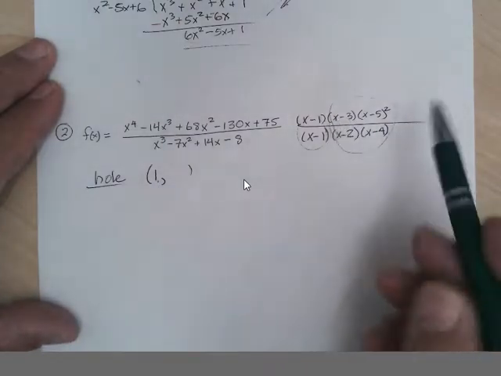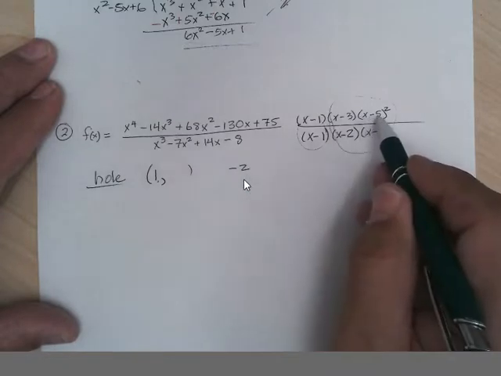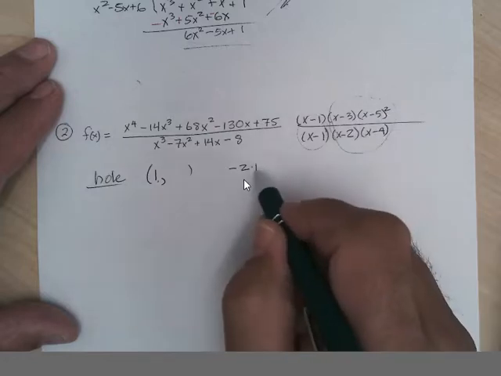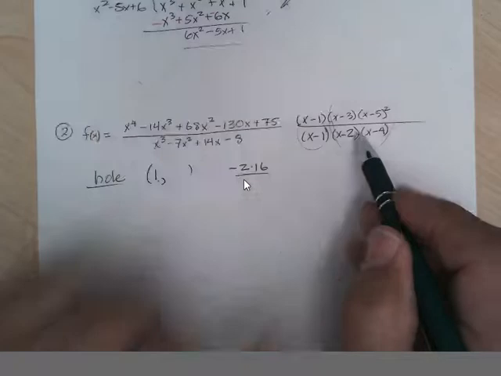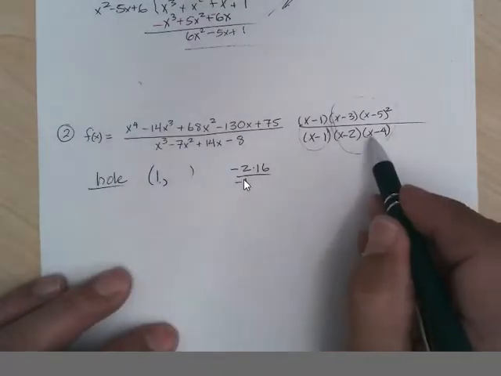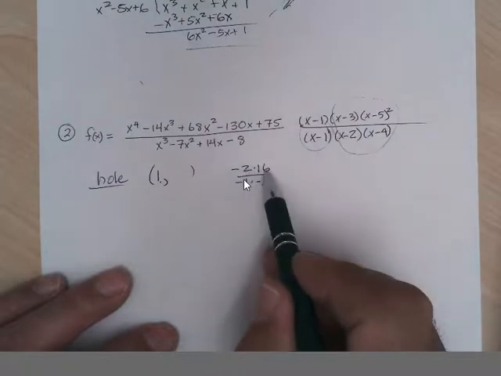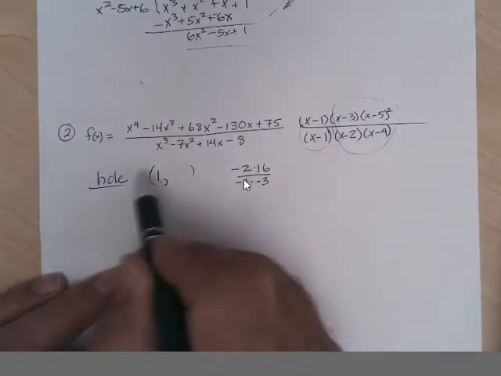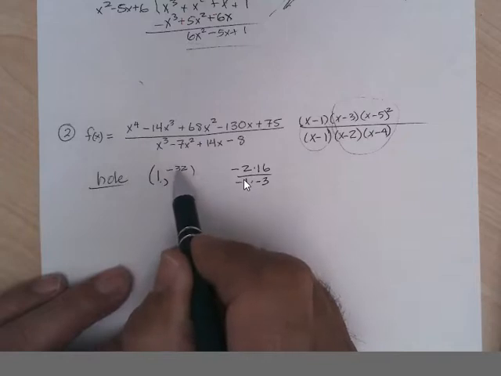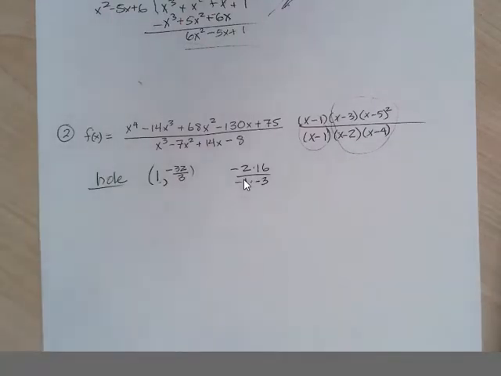So this is minus 2, and minus 1 in there would be minus 4 squared would be positive 16, over 1 in there would be negative 1, and 1 in there would be negative 3. So I get minus 32 divided by 3. So that's where the hole is.